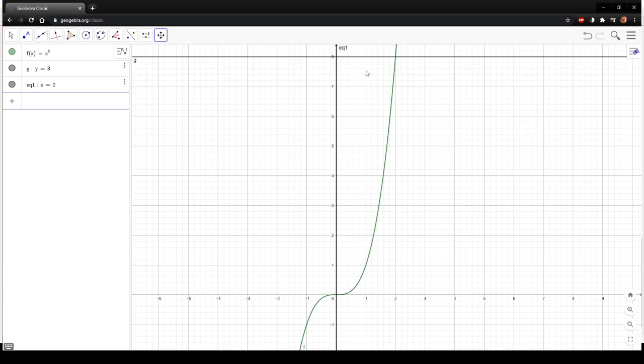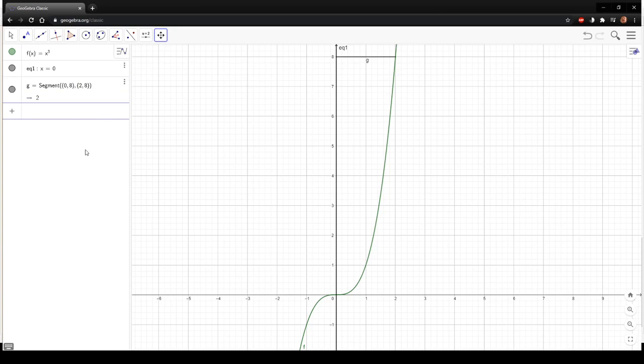Also, let me isolate the bit of the curve that I'm actually interested in. So let me get rid of this and just put a line segment instead. So that would connect 0, 8 to 2, 8. There.